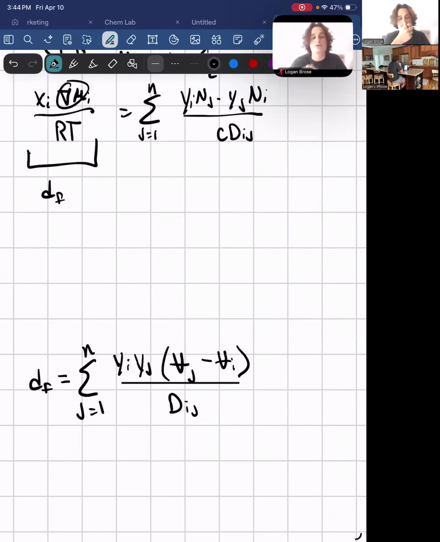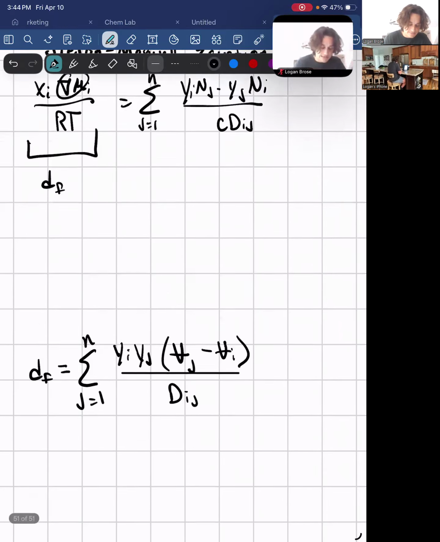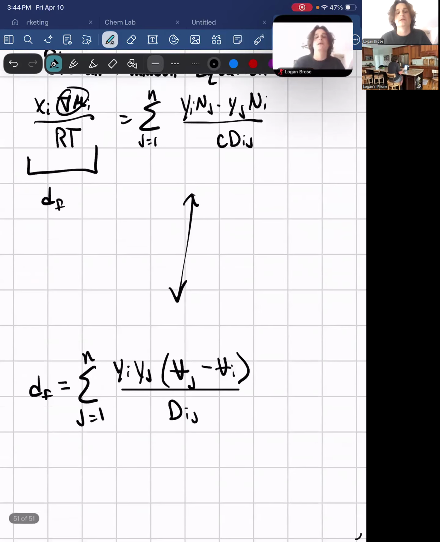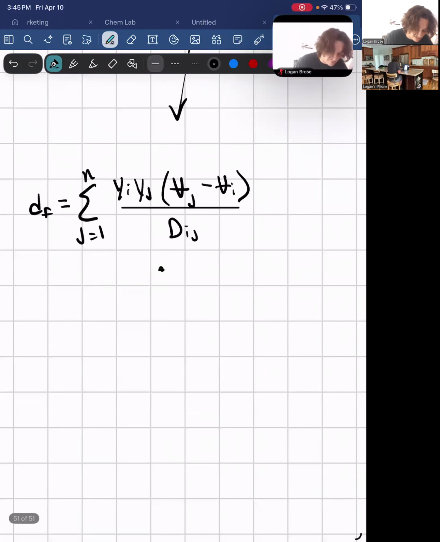So what we want to do here is relate these two equations. So what's the first big thing we can notice? In this equation down here, we are missing our concentration. So what are we going to do? We're going to multiply by our concentration.